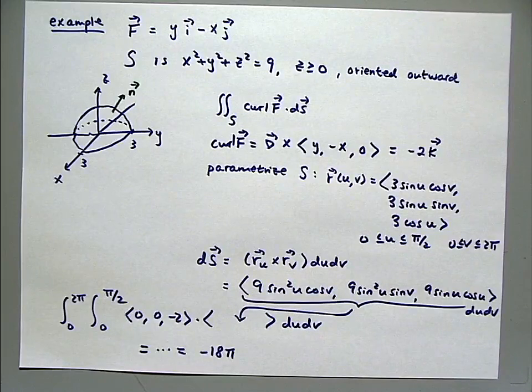And from the last page, we can bring back our vector field, y i minus x j. So it's y here, minus x here, 0 here, right? And this y should be replaced with the y component of your parameterized curve, and then the x component goes in for the symbol x. So this is equivalent to 3 sine t, minus 3 cosine t, 0.